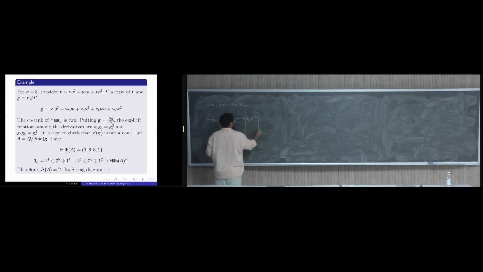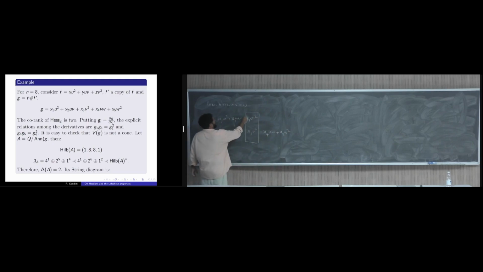We can share this x3 v squared and think that we are starting another Perazzo-kind polynomial with x4 vw, because v is here, plus x5 w squared.